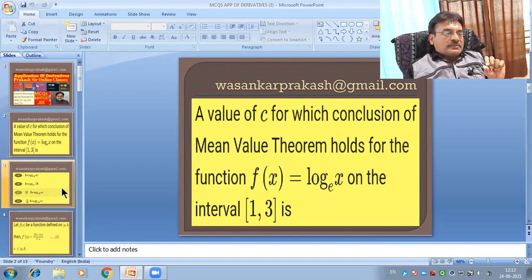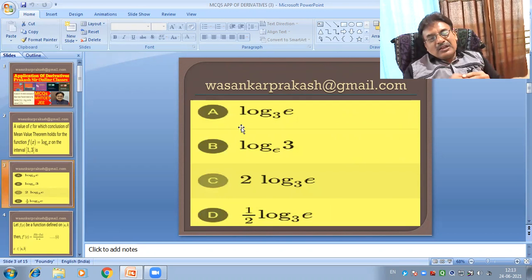Option A: log base e of 3, option B: log 3 base e, option C: 2 log base e of 3, option D: 1 by 2 log base e of 3.